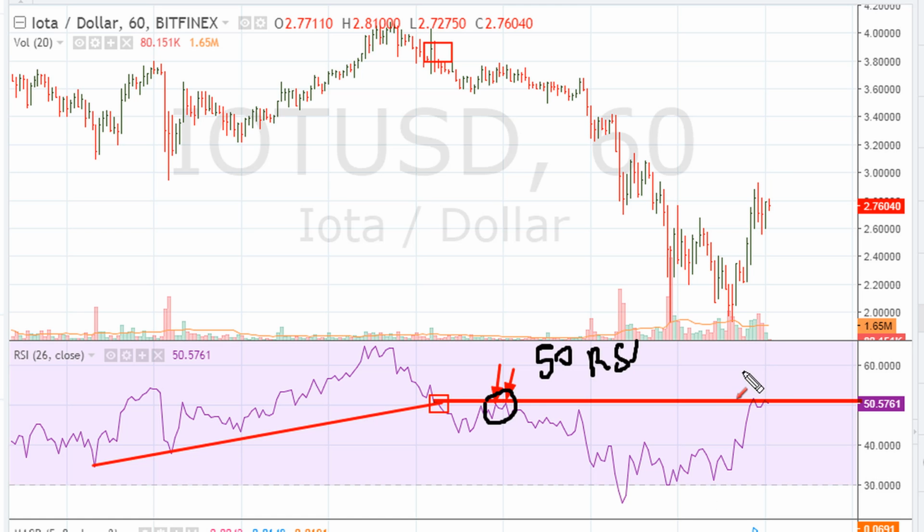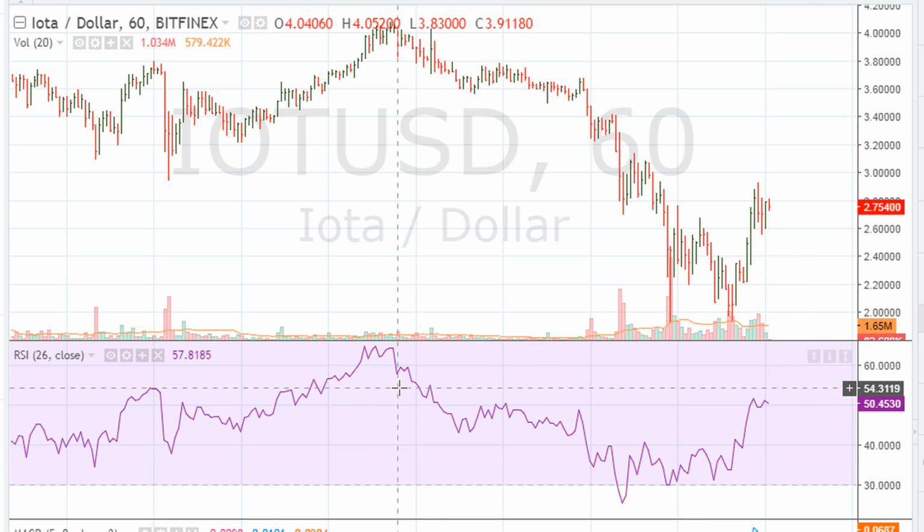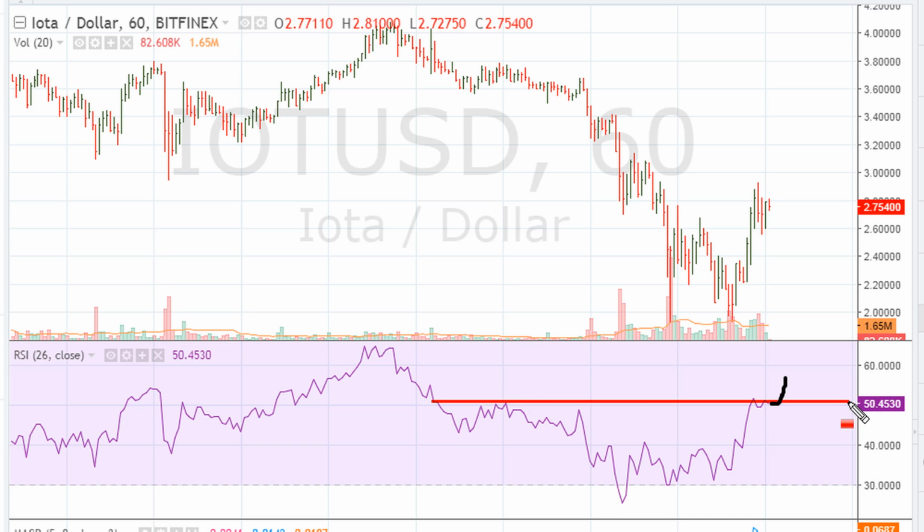And so now looks like we're doing the same thing. Right now we are showing double top rejection, suggesting that this might be pointing down as far as the current market situation is concerned, unless it can change direction and move above RSI 50, and also unless it can move above this break line.